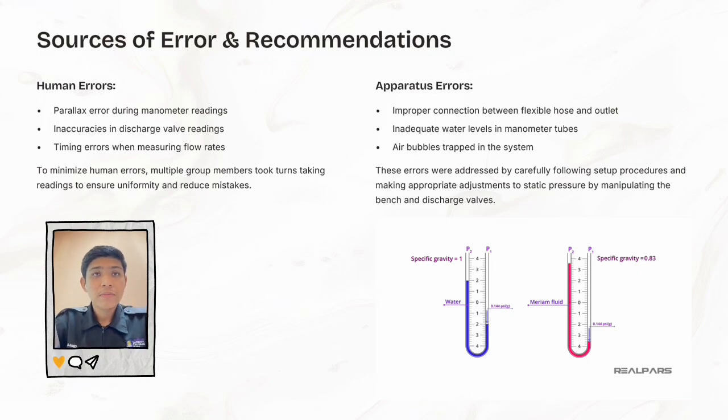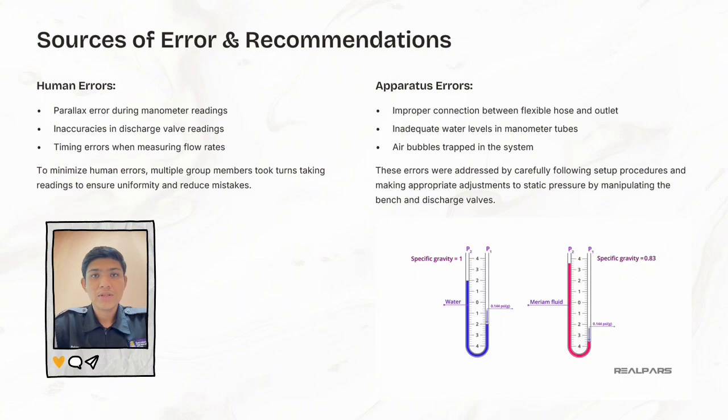Apparatus error: improper connection between the flexible hose and outlets, inadequate water level in manometer tubes, and air bubbles trapped in the system. These errors were addressed by carefully following the setup procedure and making appropriate adjustments to static pressure by manipulating the bench and discharge valve.